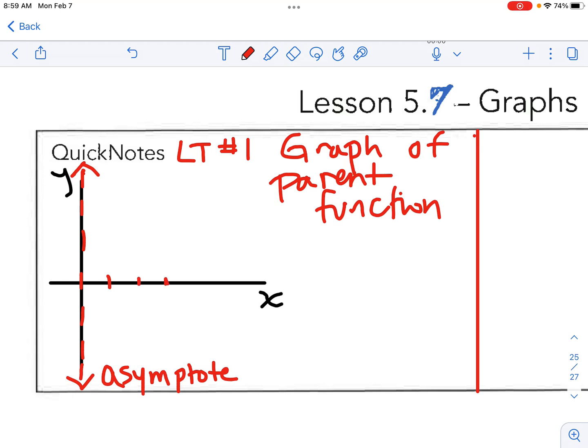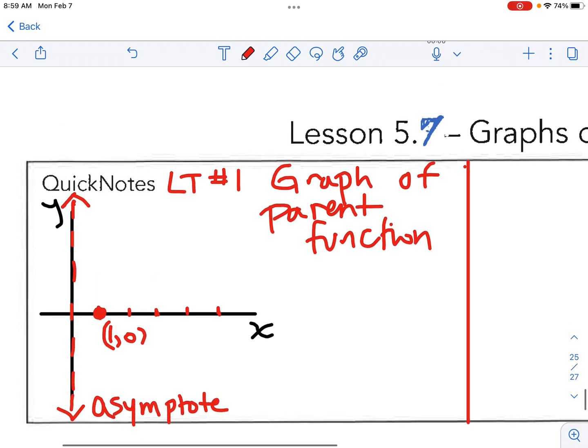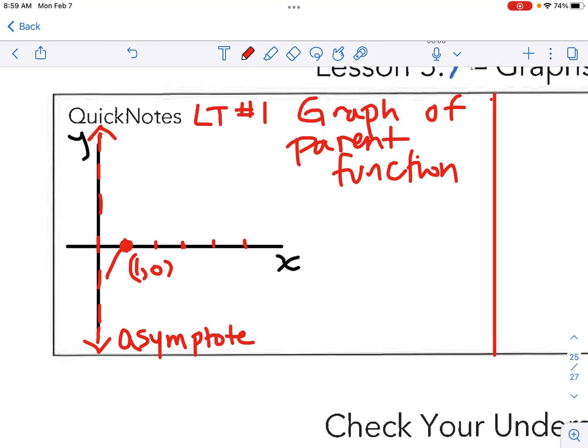Over 1 is going to be our intercept, so our x-intercept is 1, 0. We know that this is going to curve down closer to that asymptote. And then we're going to count out by powers here.